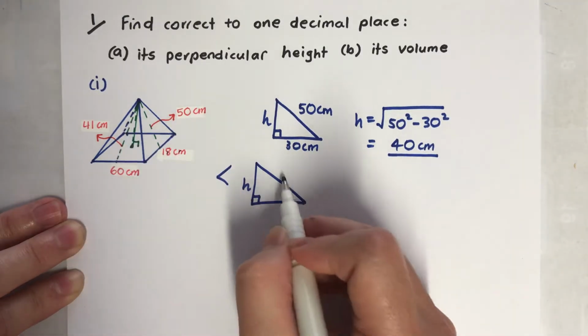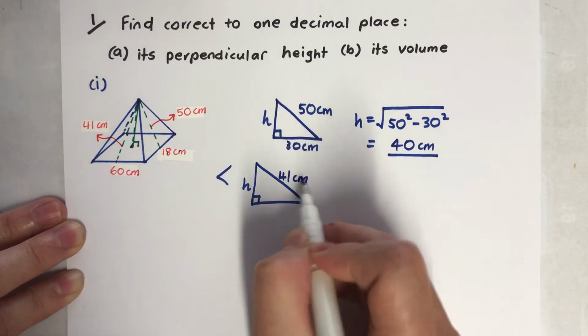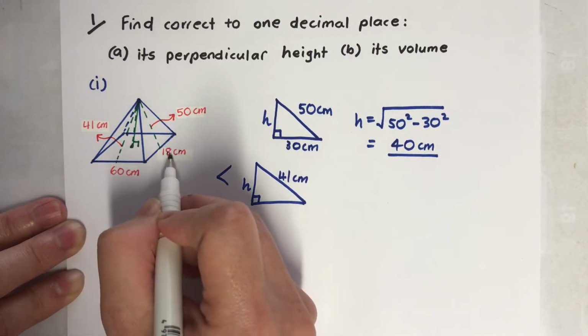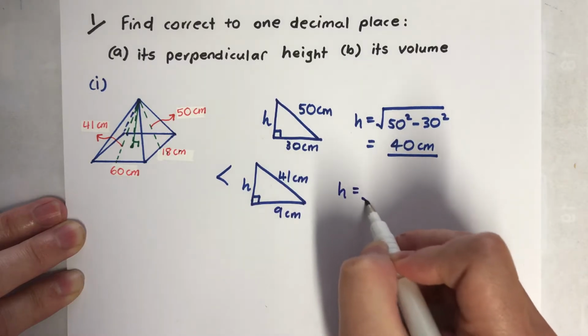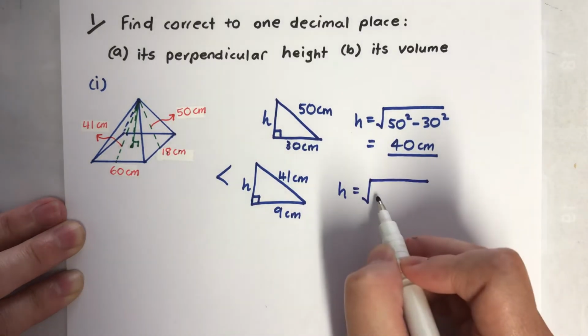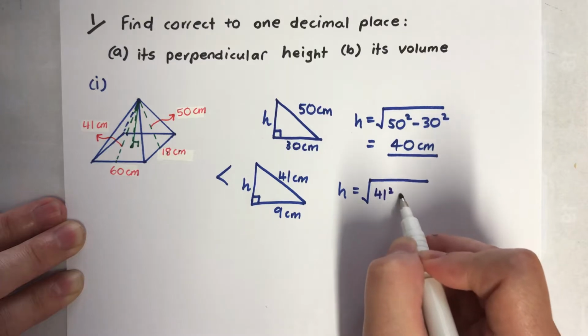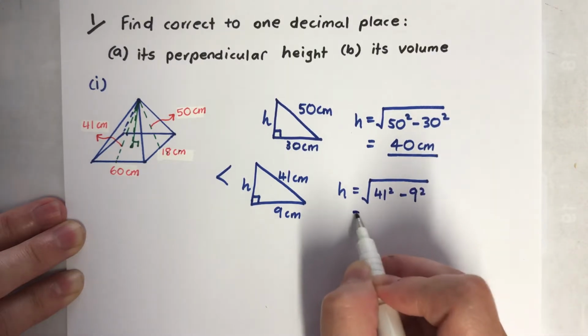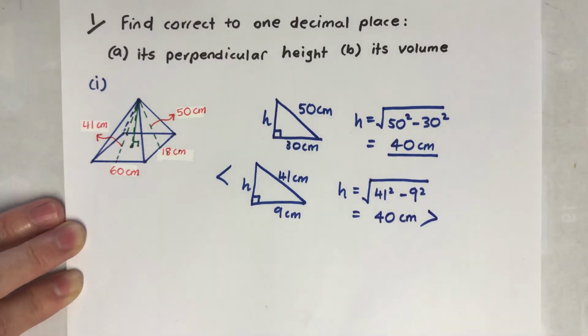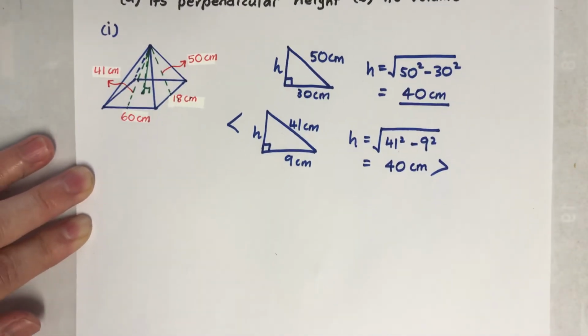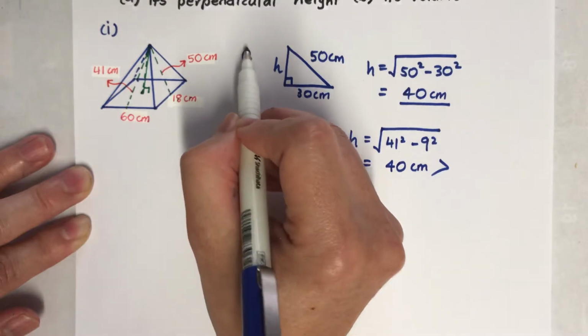Now this slant height is 41, and this base is half of 18, which is 9. So height, still use Pythagoras Theorem, 41 squared minus 9 squared, you will still get 40 centimeters from your calculator. So it's still the same. Okay, so that was part A.